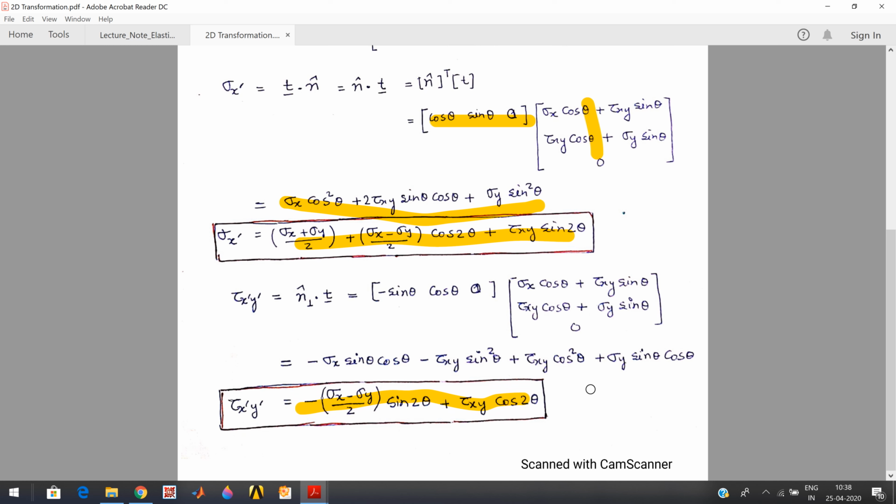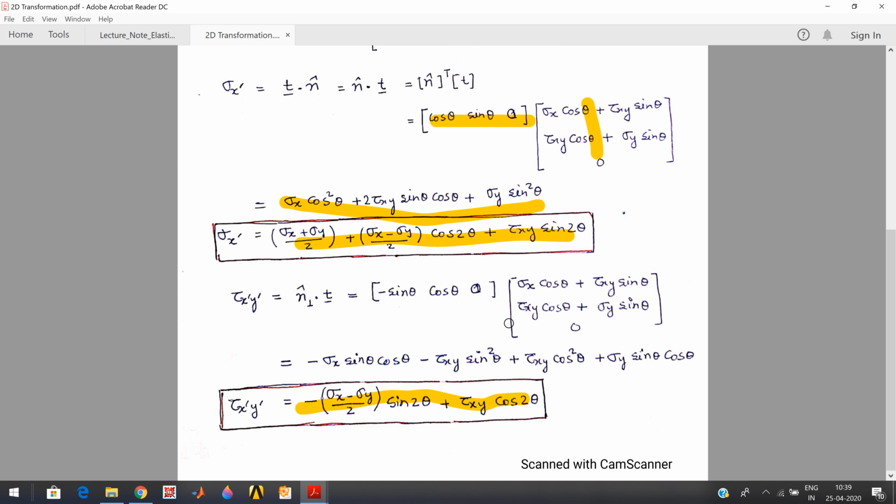In my opinion, it's not a very difficult formula to obtain. If in case you don't remember whether it is plus or minus, sigma x minus sigma y or sigma y minus sigma x, something like that, you can just do a 1 minute small calculation and you'll be able to find this formula.